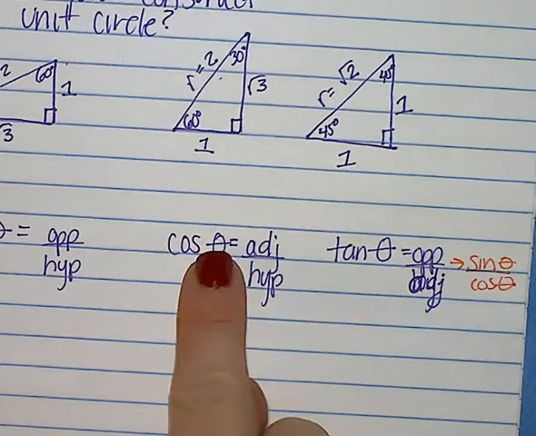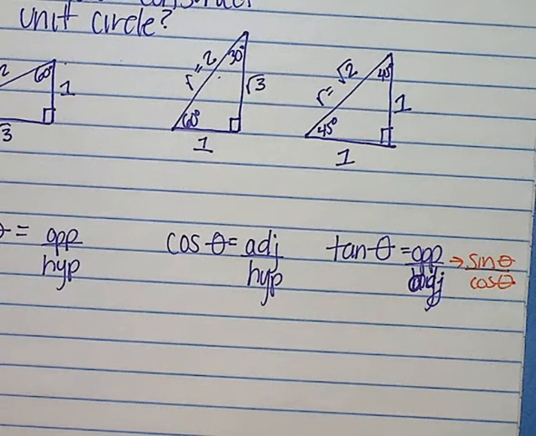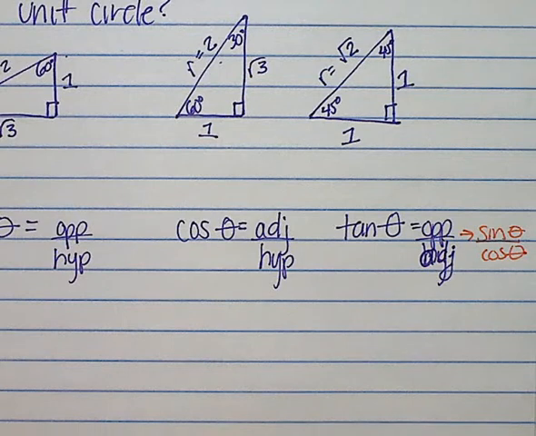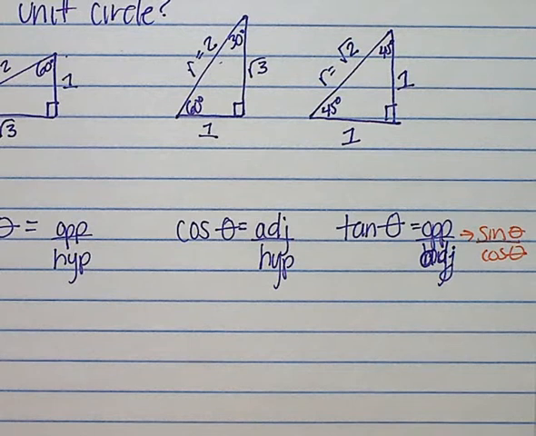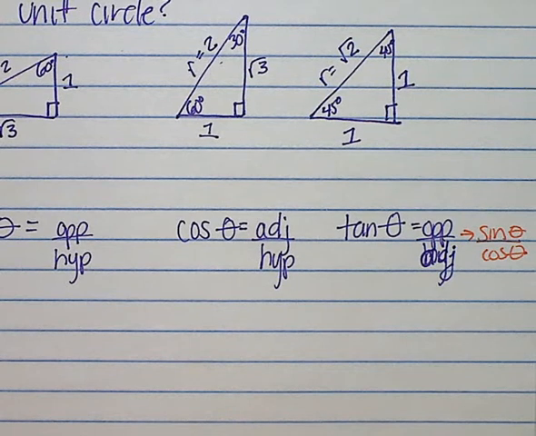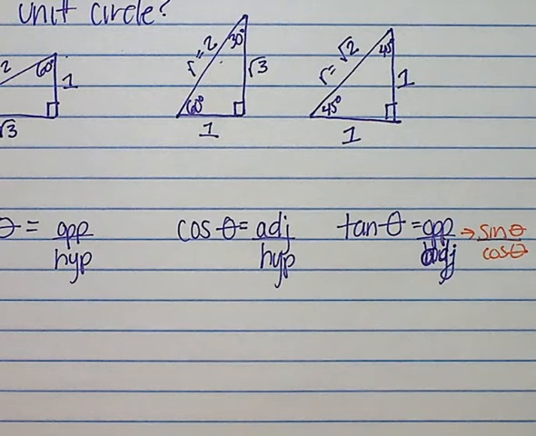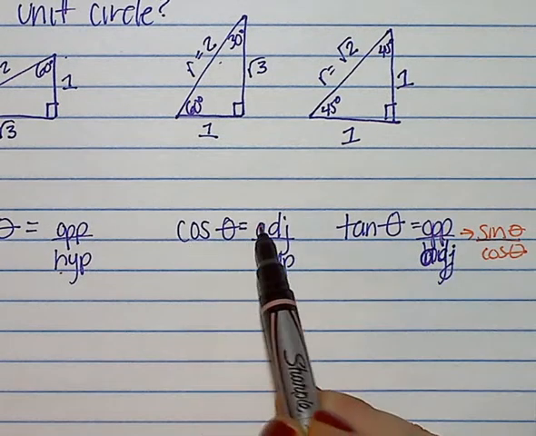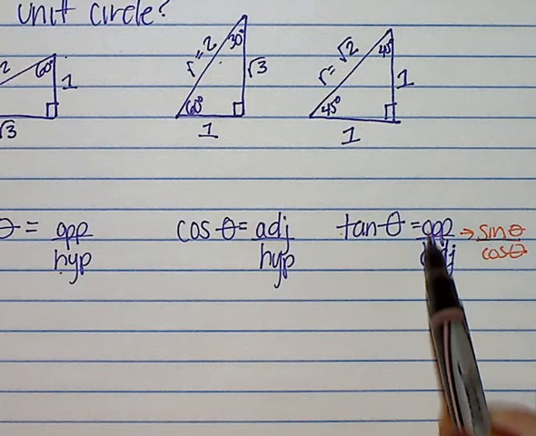Adjacent goes with cosine, so cosine is on the bottom. So where do we get SOHCAHTOA from? SOH, CAH, TOA.